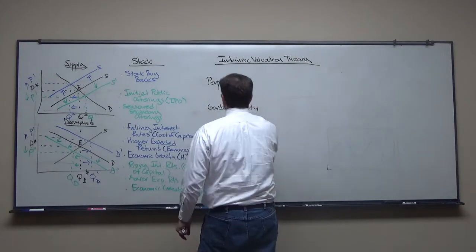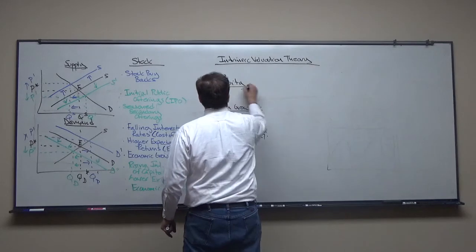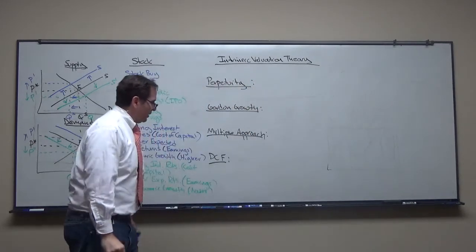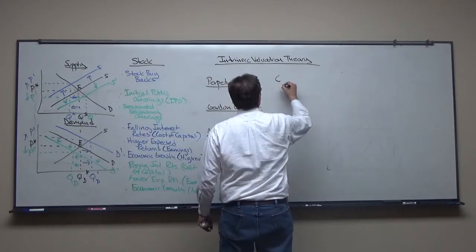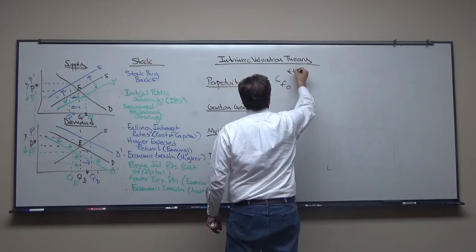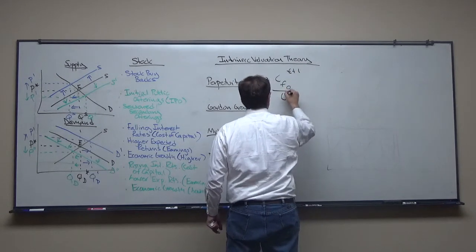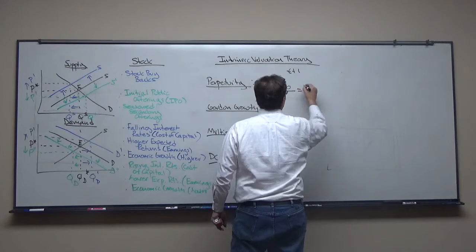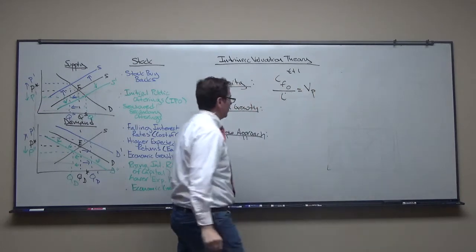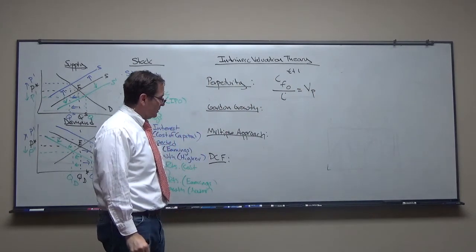What I'm doing is I'm overlapping with some other areas on the exam. So the perpetuity model, we know, is CFO T plus 1 divided by the expected return. It's going to give you the value using the perpetuity approach.